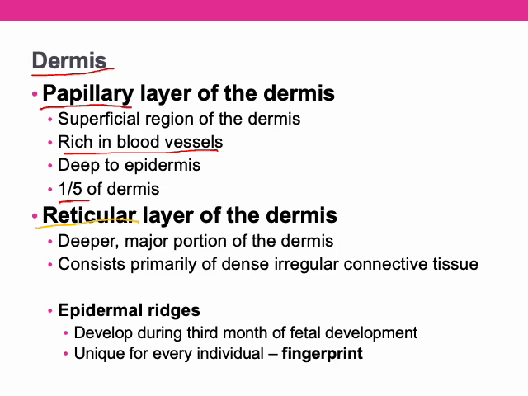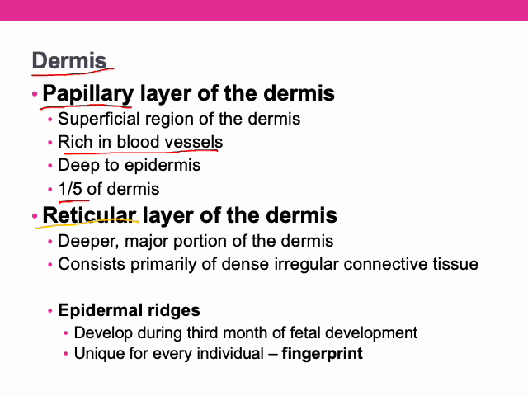It makes about 80% of the dermis, and it's mainly made of the dense irregular connective tissue we talked about earlier. The reason for that is because this layer is the one that helps the dermis get pulled in all different directions.